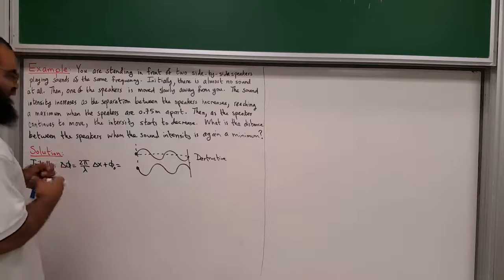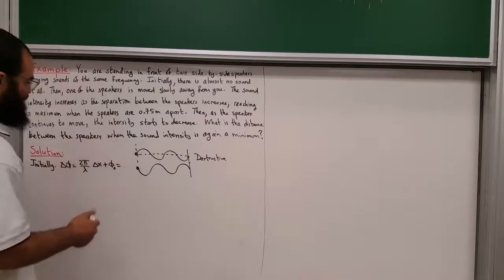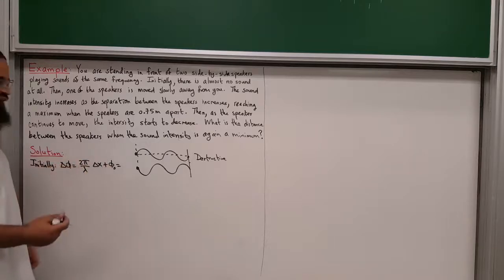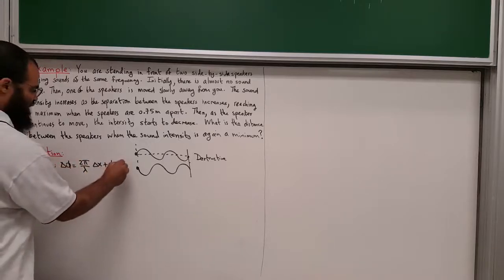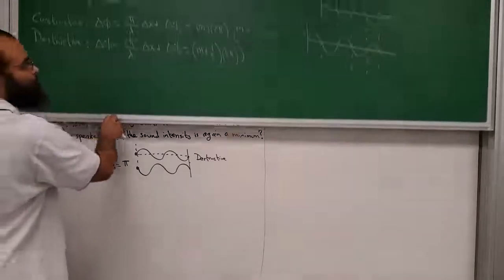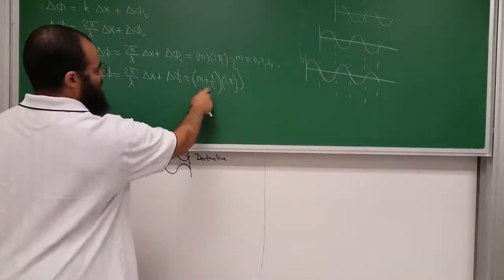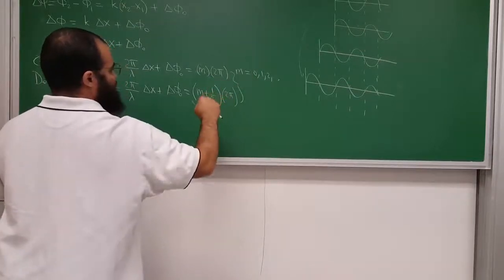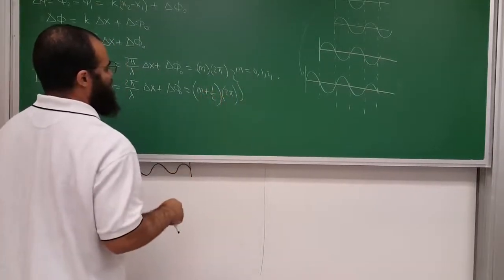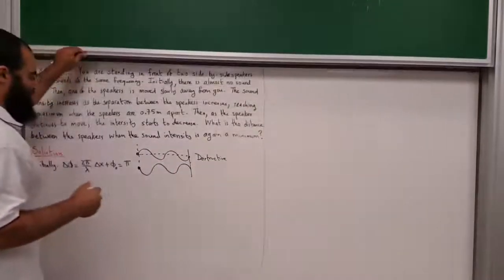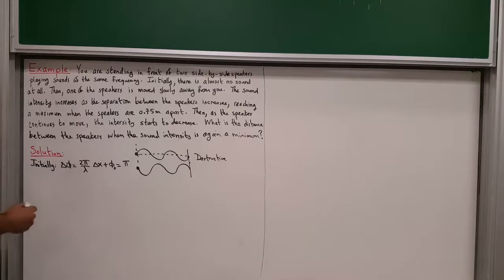Well, it's destructive. It means they differ by a pi, because it's the first time it's destructive. So I'm going to call this just pi. It equals m plus 1/2 times 2 pi, and the first time this occurs, destructive will be when m is 0. So you get pi.